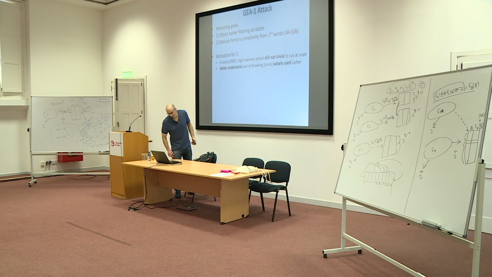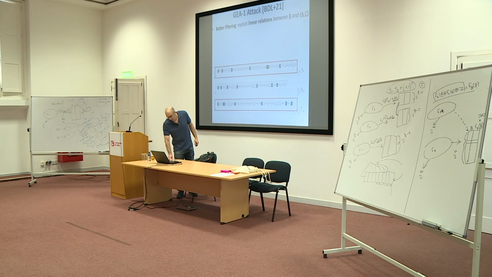And in general, it's better to understand the exact security of ciphers that were used in practice. It's useful and important. I think that offers enough motivation. So let's start to work on these goals. The first goal is to obtain better filtering for the attack.